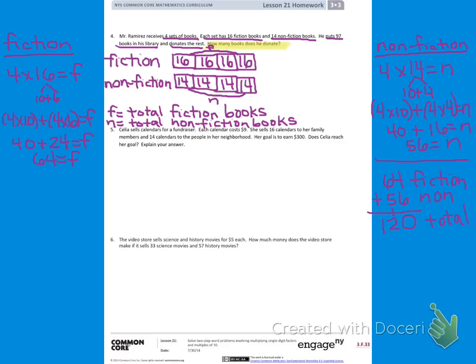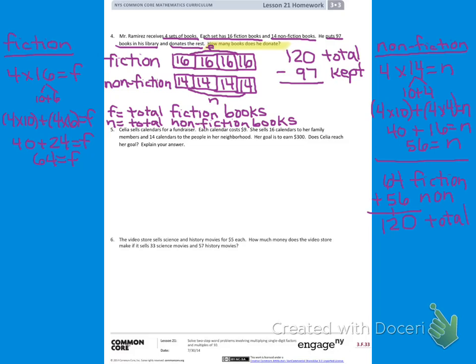In order to answer the question, how many books does he donate, we need to take the total of books that he received, 120, and take out the 97 that the story tells us that he kept to find the difference.